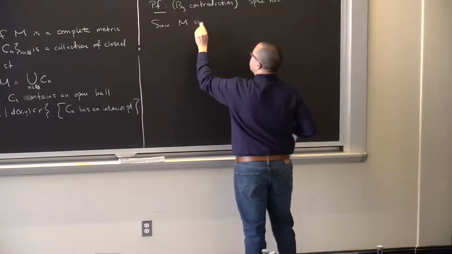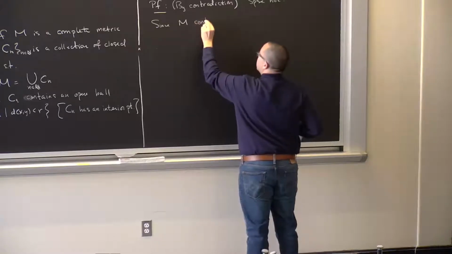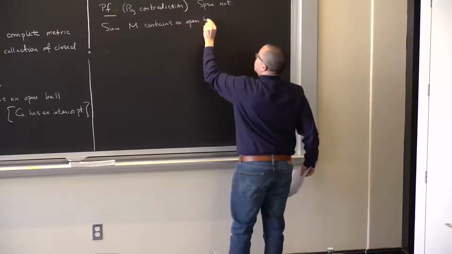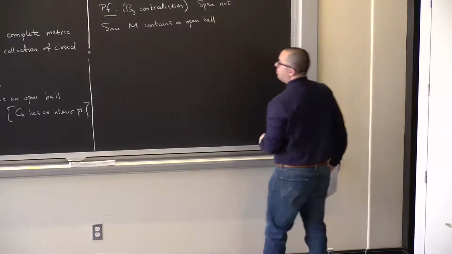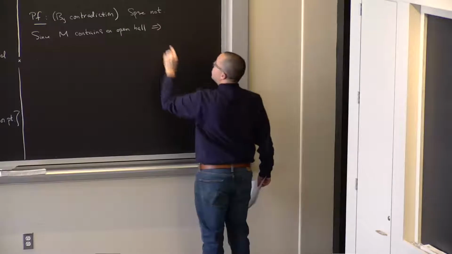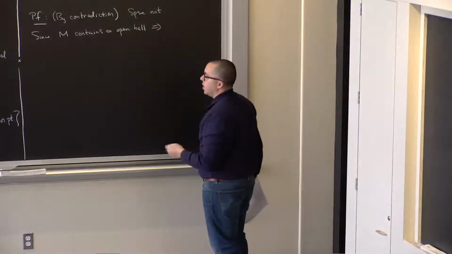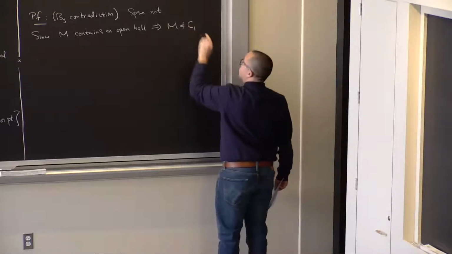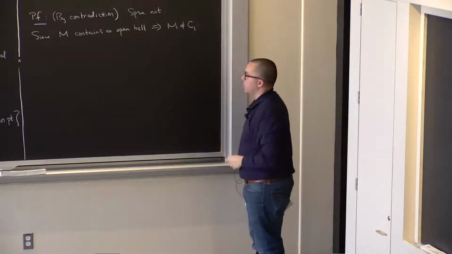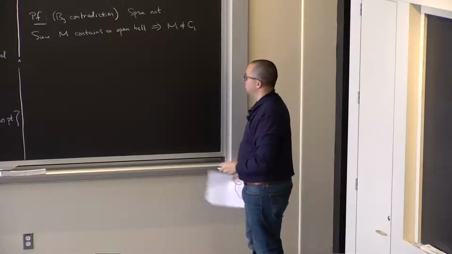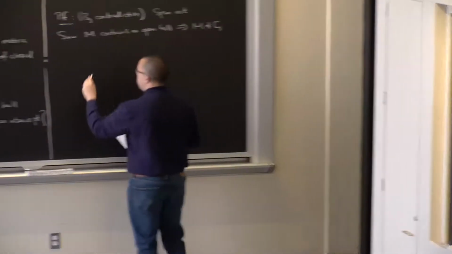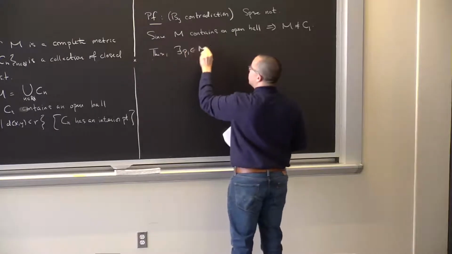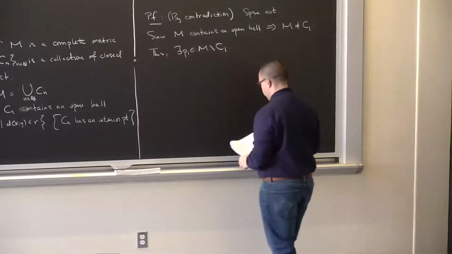Since M certainly contains an open ball, and C1 cannot contain an open ball, this implies M does not equal the first closed set. Otherwise, the first closed set would contain an open ball. Thus, there exists an element P1 in M take away C1.